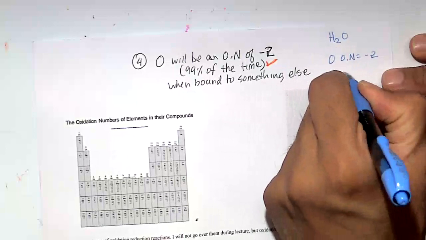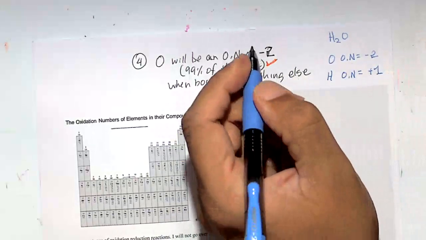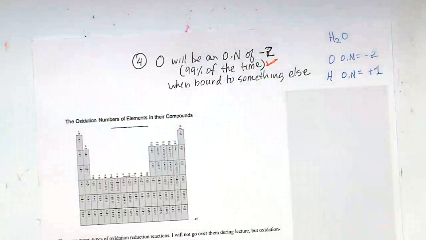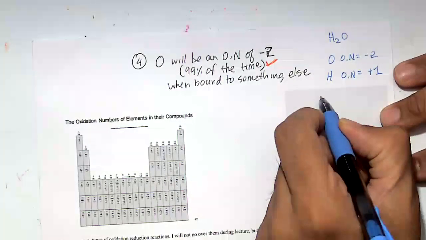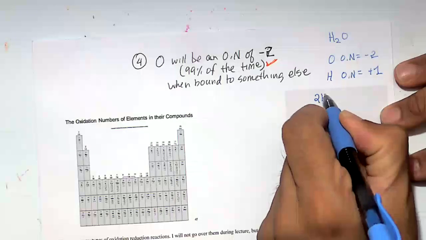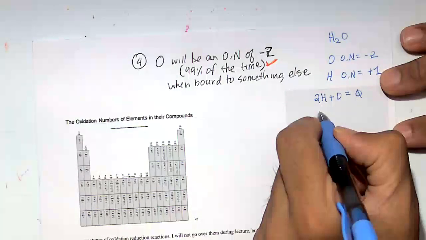Okay, what about the hydrogen? It will be +1 from the previous rule. For each one it would be +1. So this is how it will be: 2H plus oxygen is going to be 0 because there's no charge.